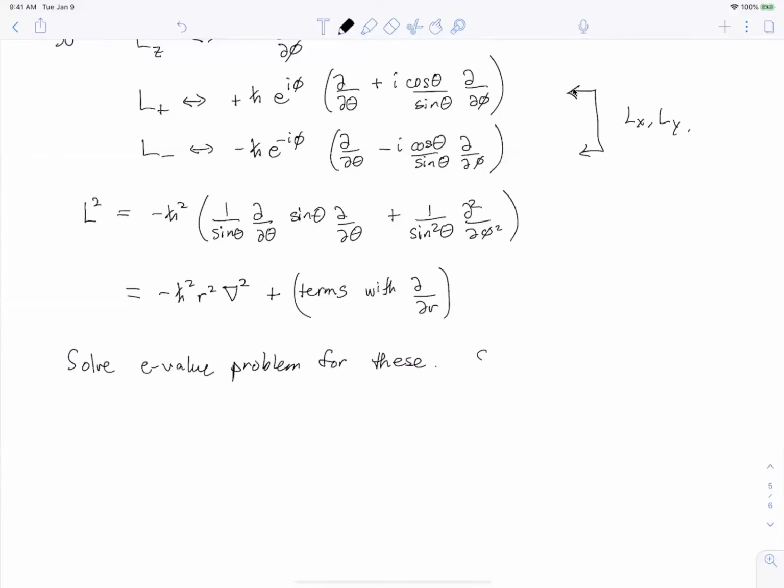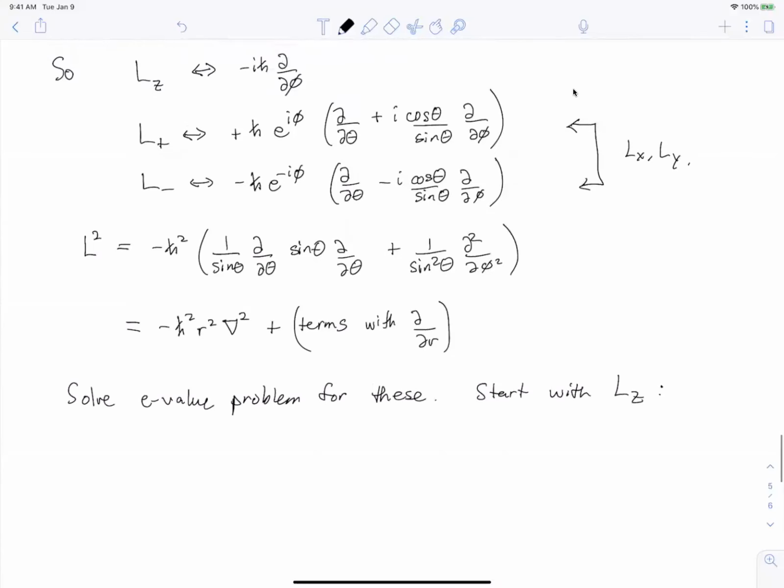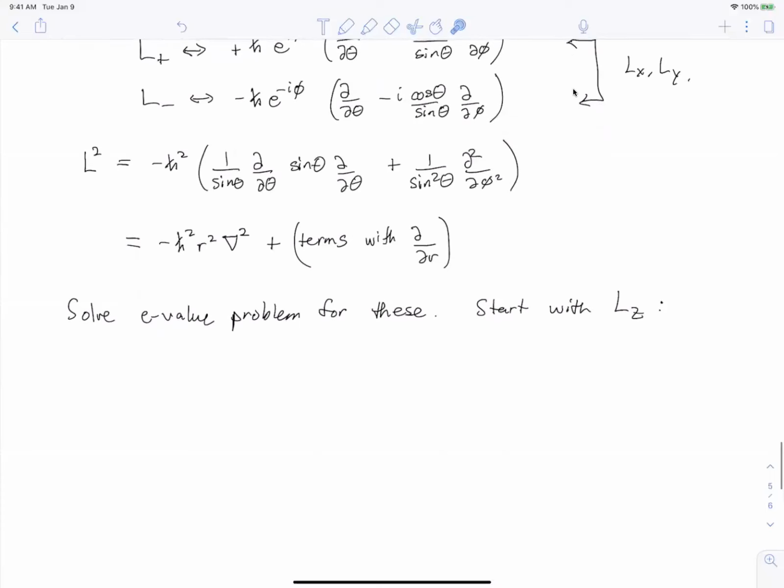Okay, and we'll start with L sub z. Going back to our expression for L sub z up here, the equation that we're trying to solve is minus i h bar partial phi. That's the representation of L sub z acting on our wave function.